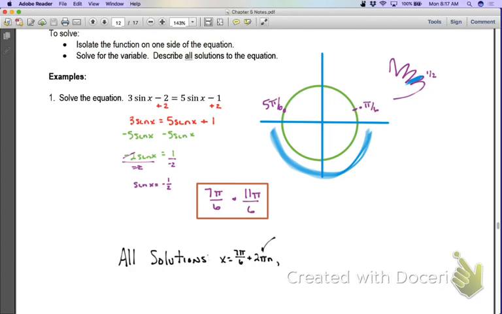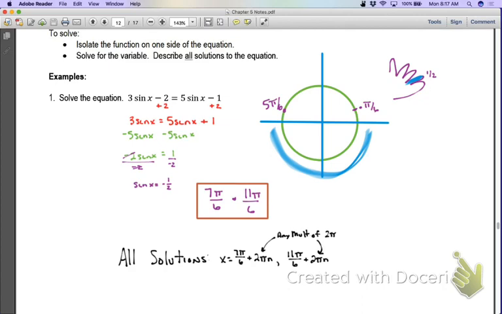All this means is any multiple of 2 pi. And then I'll do the same thing for the 11 pi over 6 plus 2 pi n.